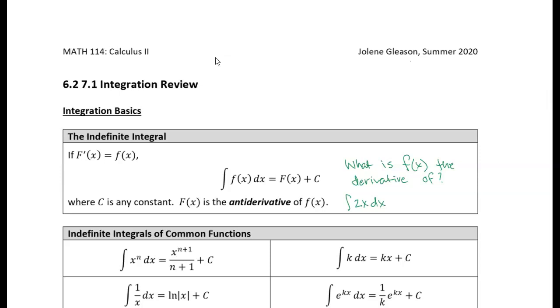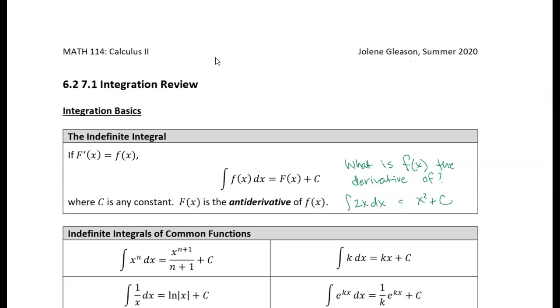This is the power rule, and if you recall, x squared has a derivative of 2x. So x squared is an antiderivative of 2x. But that's not the only function that would have a derivative of 2x. 2x plus 4 would also have a derivative of 2x, or 2x minus 16, and really, any 2x plus any constant would have the derivative of 2x.